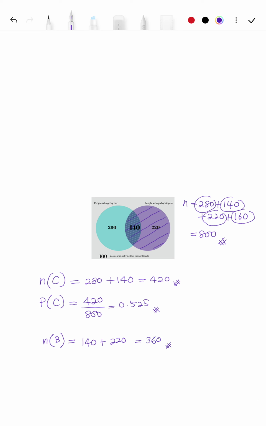Once again, if you are going to write it as a probability value, then it will become 360 over 800, and that's 0.45.